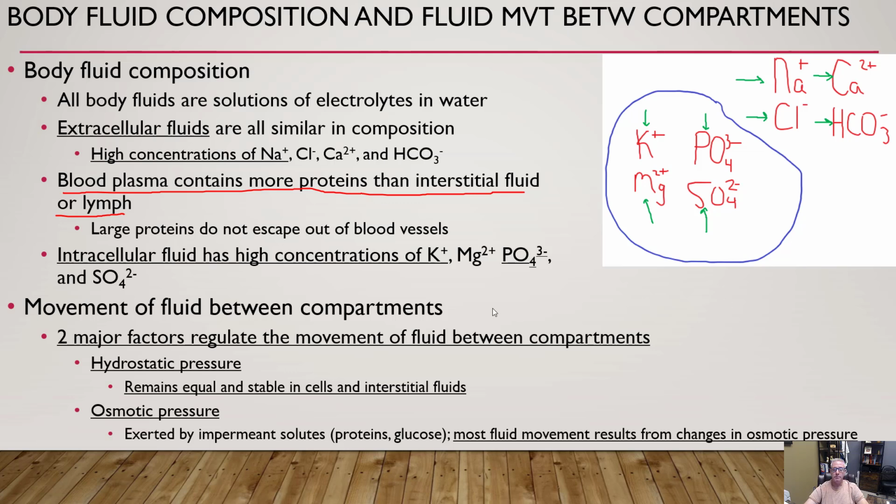All right, and if you remember from that slide that I like to reference a lot, we have factors that allow movement of fluid to go in and out of blood vessels. And those two factors are hydrostatic pressure and osmotic pressure.